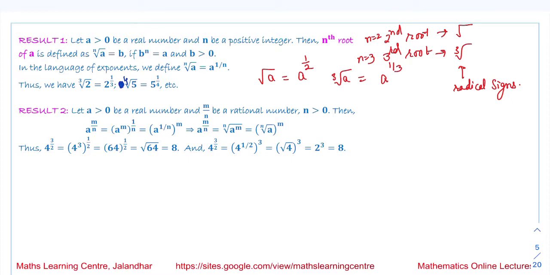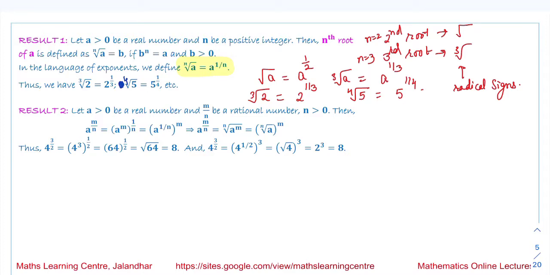If the number given is the cube root of 2, it means 2 raised to the power 1 by 3. If the number given is the fourth root of 5, it means 5 raised to the power 1 by 4. So this is just the definition: the nth root of a means a raised to the power 1 by n.